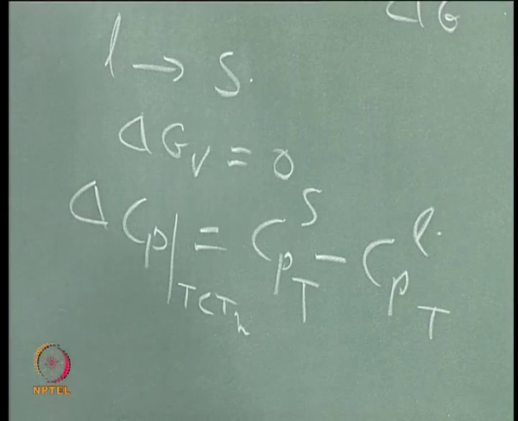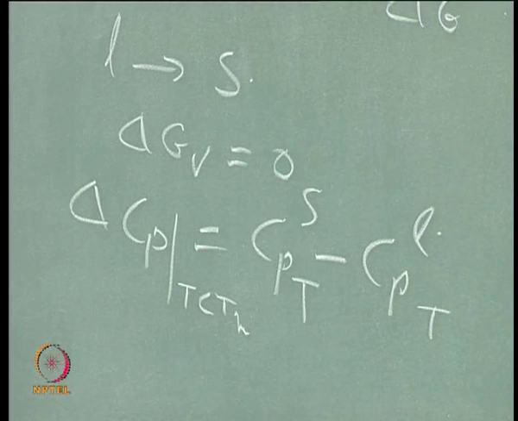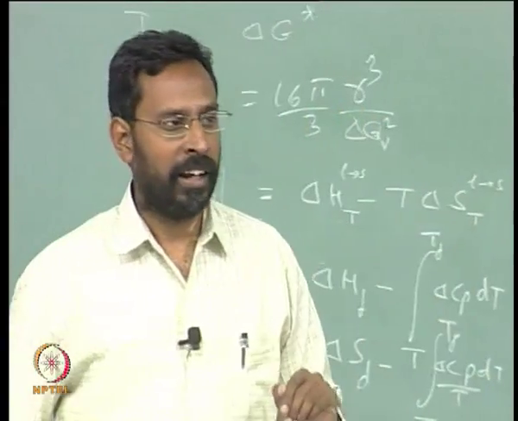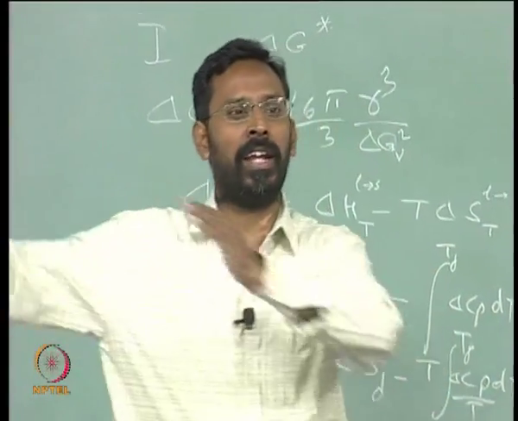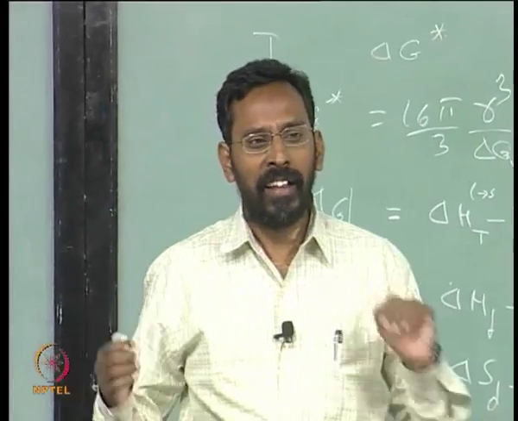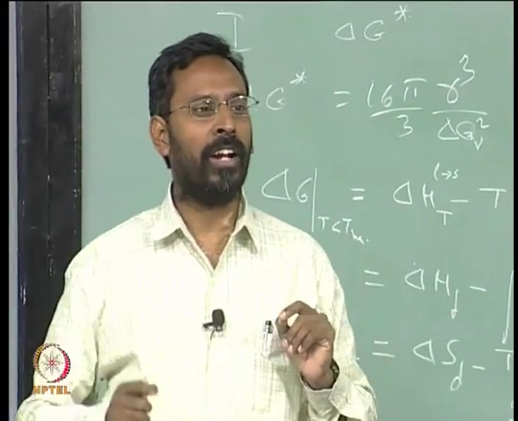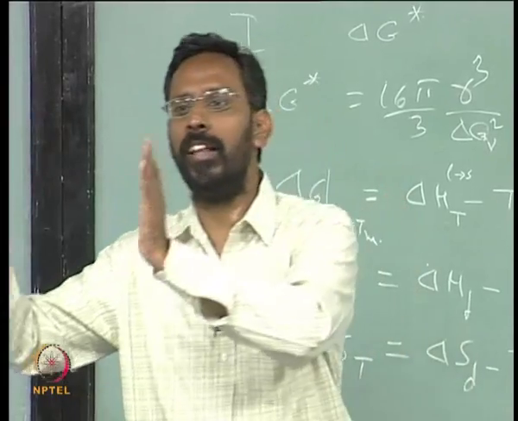That is why if you have ever seen a handbook such as Smithel's handbook, they give you Cp data in the form of Cp equal to A plus Bt and things like that, and they say that the A, B, C values that they are giving are valid only in this temperature range.